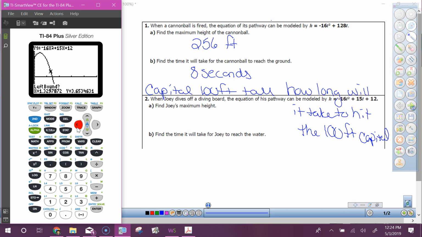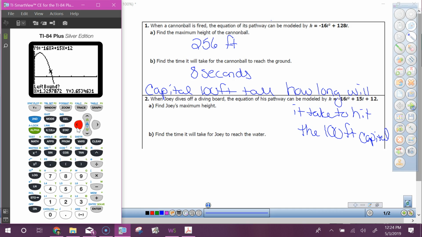Are you doing your left bound and your right bound? That's your max. You're going to get the second trace 2. No, I've never said minimal.